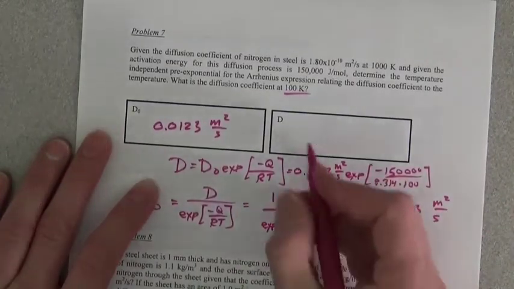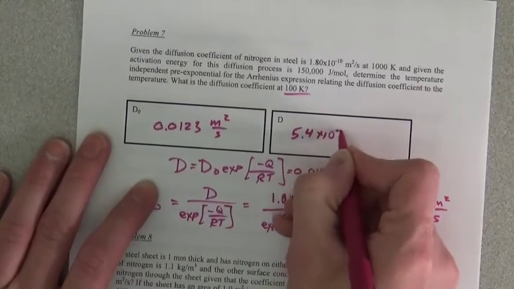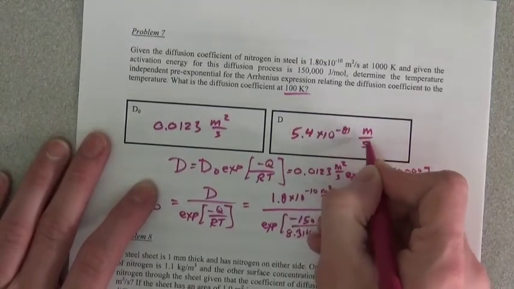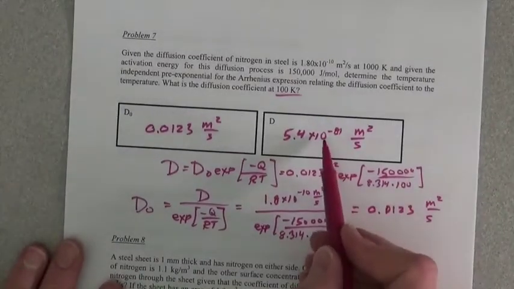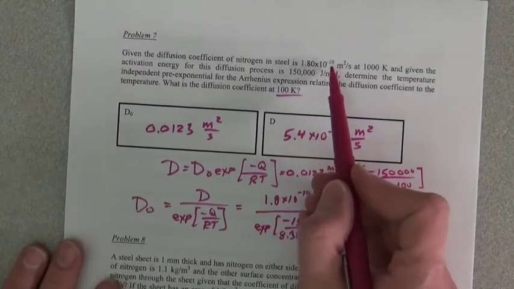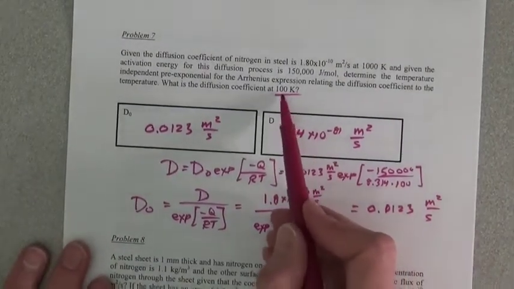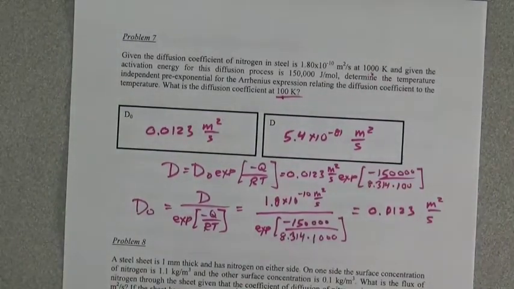And solving that, we get 5.4 times 10 to the minus 81 meters squared per second. Should point out, that's 1 times 10 to the minus 81. This is 1 times 10 to the minus 10. This is an absolutely tiny number. That's because we went from 1,000K to 100K. 100K, I mean, that's just barely above the temperature of liquid nitrogen, so it really is a tiny number.